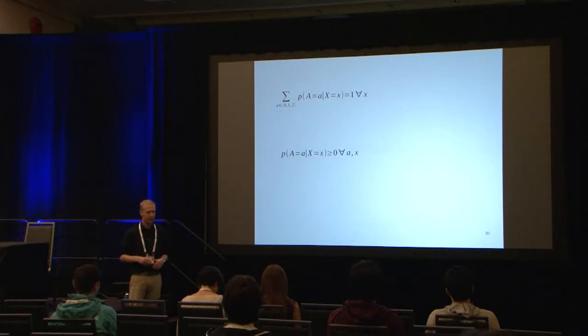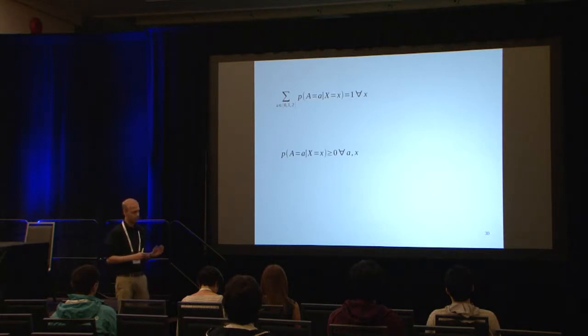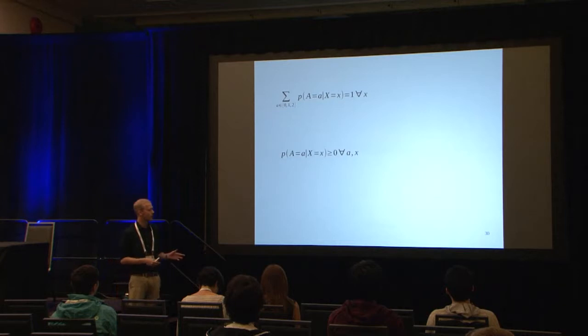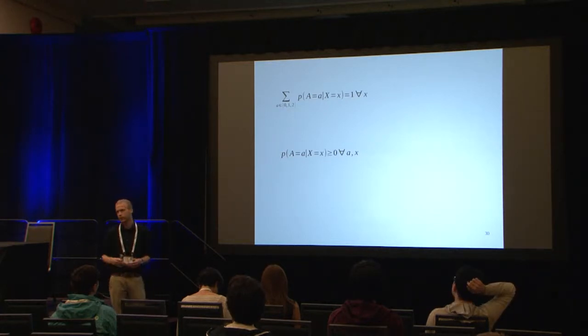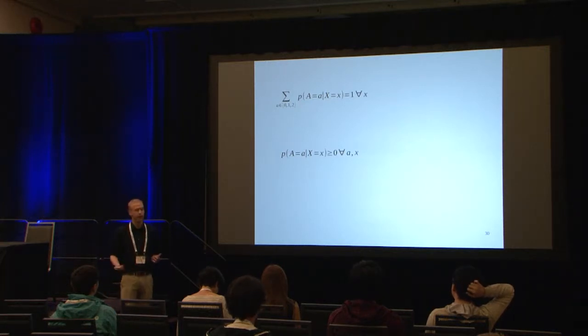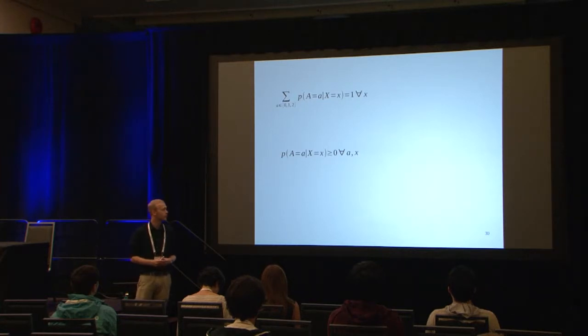For each one of these graphs, when we sum across the values of a given by the regression for a specific value of x, it must equal 1. Additionally, for any given value of x, for any given value of a, we also need that they are non-negative.